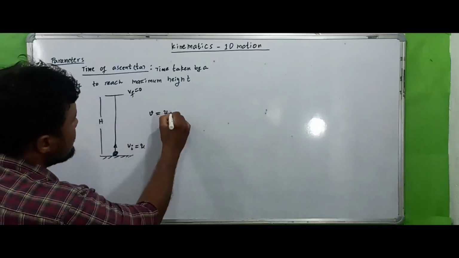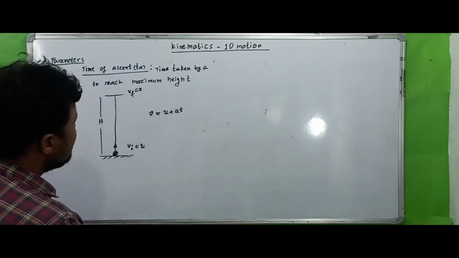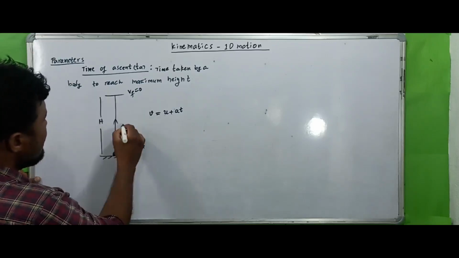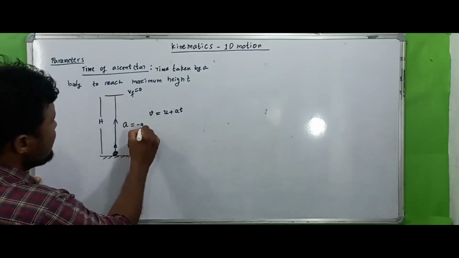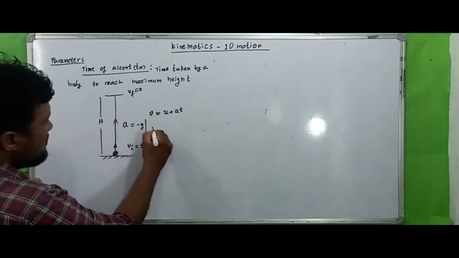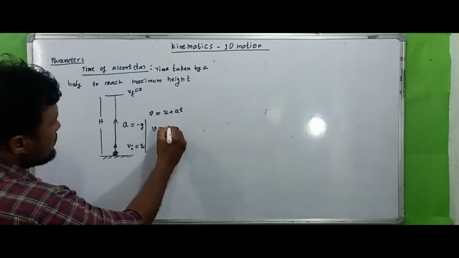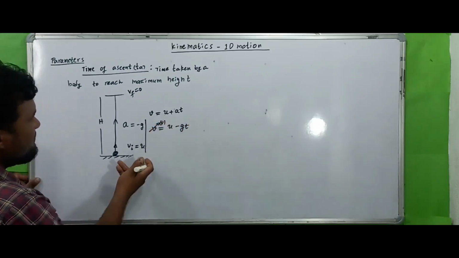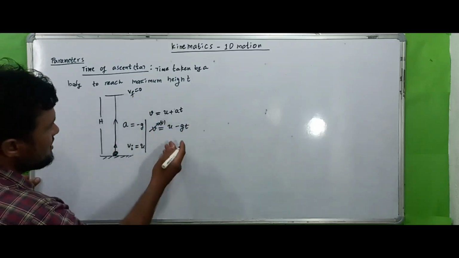You can apply the velocity-time formula: v is equal to u plus at. But we know the sign convention: if the body is moving vertically upward, acceleration due to gravity is taken as minus g. Now v is equal to u minus gt. But final velocity is 0, because whenever the body reaches maximum height, final velocity becomes 0.